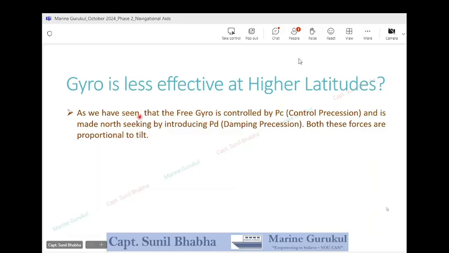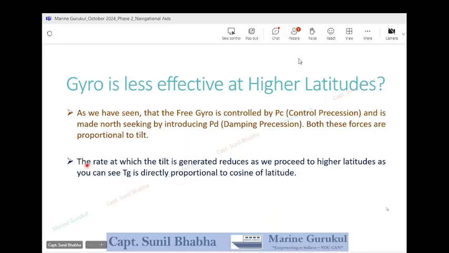We have seen in our explanation that the free gyro is controlled by PC, control precession, and is made north seeking by introducing PD, that is the damping precession. Now both of them, PC as well as PD, are proportional to tilt. That means if there is no tilt, there will be no PC and there will be no PD.